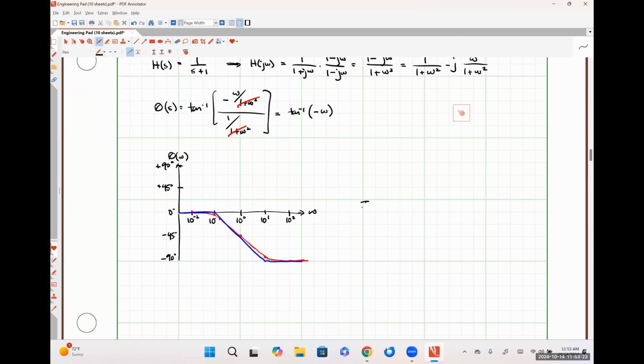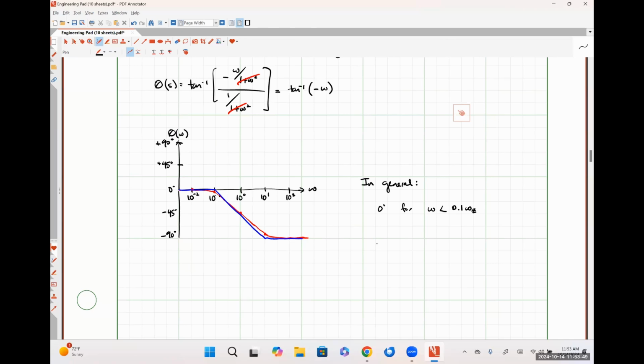That's our general case, right? So in general, we have 0 degrees for omega less than 0.1 omega z. And we have negative 90 degrees for omega greater than 10 omega z. And then we just connect the dots in the middle.